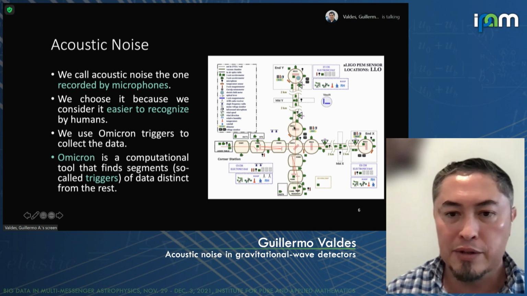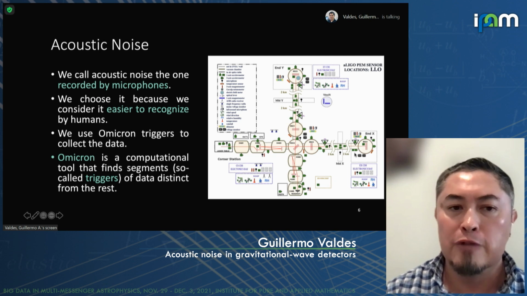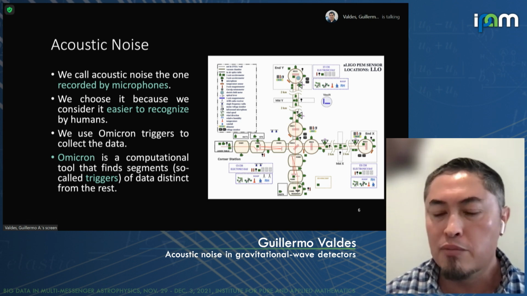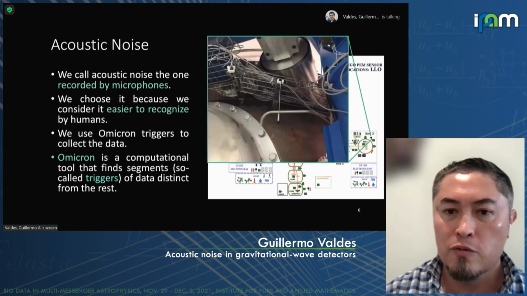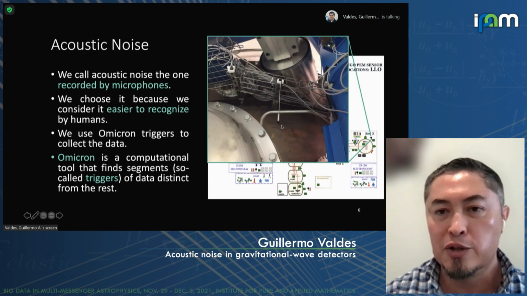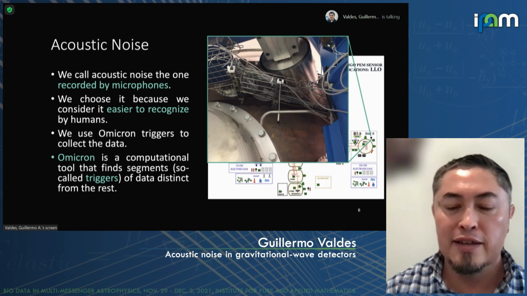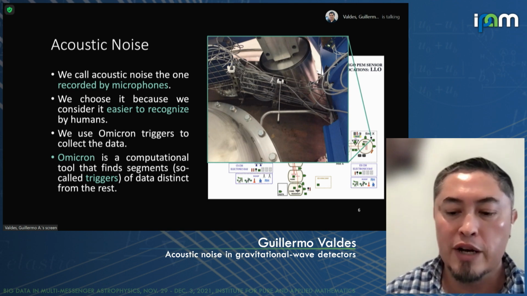As you can see, we have several vacuum chambers enclosing all these mirrors, but we also have what we call environmental sensors, for fields and acoustic noise. So again, we are focusing on this microphone. I'm adding here a picture, and it's interesting because most of the time not too many people go inside the detector. So we have several pictures, and this is one of the microphones.